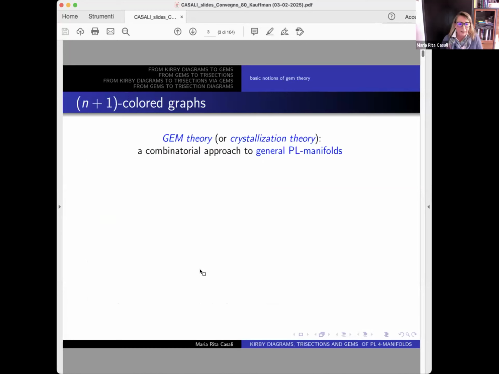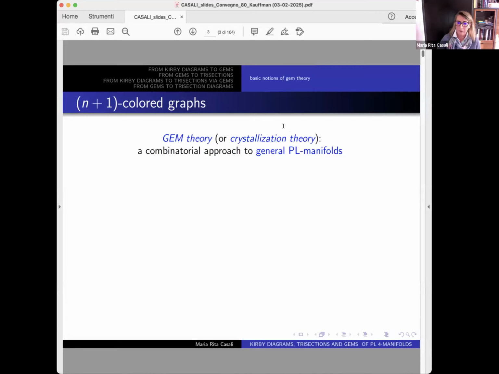Well, let us start with a brief reminder of the fundamentals of gem theory. As I have already hinted, it makes use of suitable edge-colored graphs in order to represent the whole class of PL manifolds without restrictions about dimension, boundary property, and orientability.